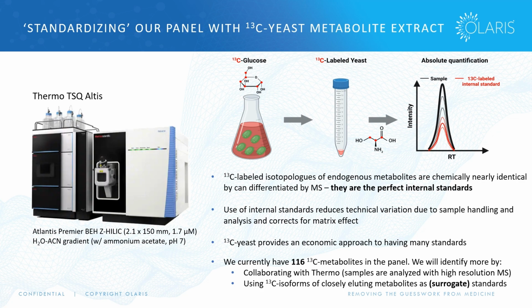And so we are using this, and we currently have 116 13C metabolites in the panel, and we'll identify more through a collaboration with Thermo using high-resolution mass spec, and also we are looking into using 13C isoforms of closely eluting metabolites as surrogate standards. And I'll talk a little bit more about that in a minute.